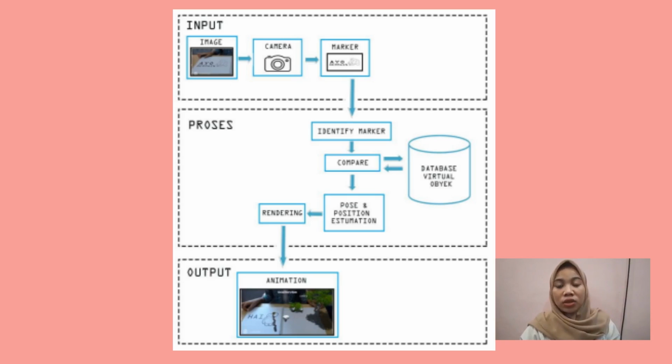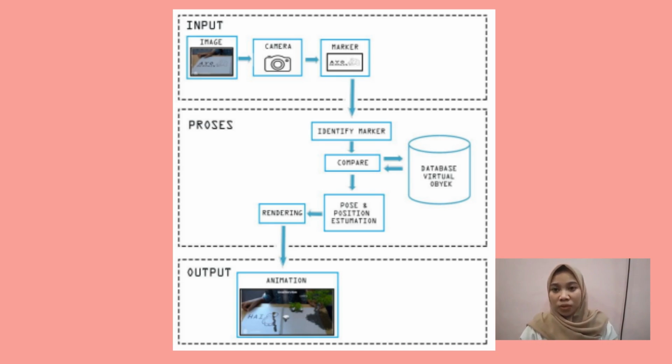Okay, this is the general architecture of the augmented reality social story. For number 1, there is input. At the input, there are image, camera, and marker. The function of the image is to place the animation, and the camera is to capture the marker. After that, there is process.